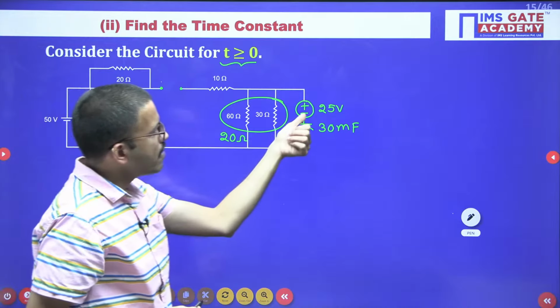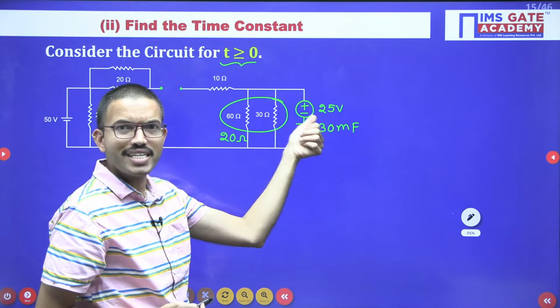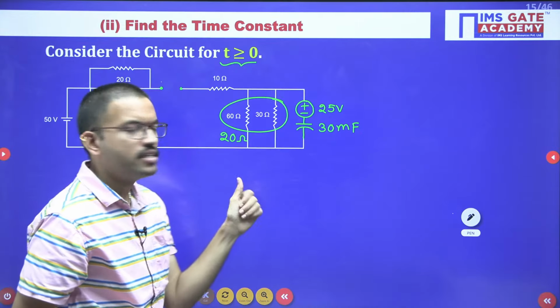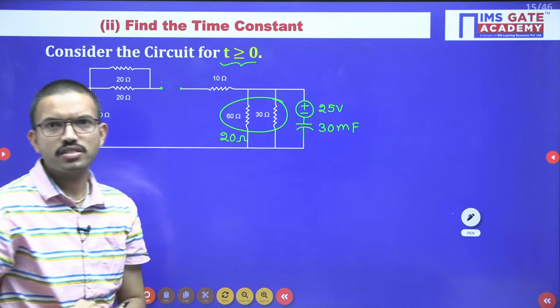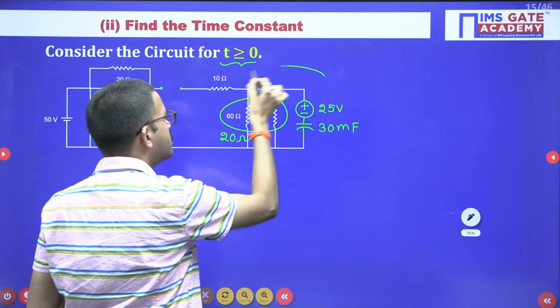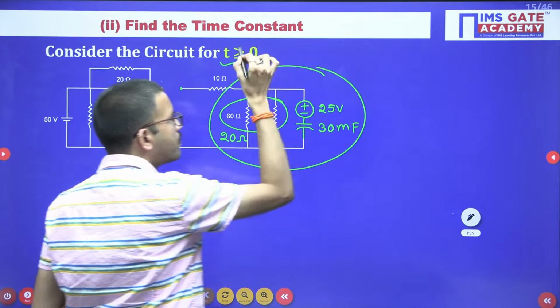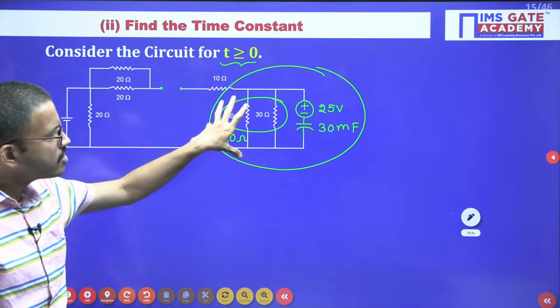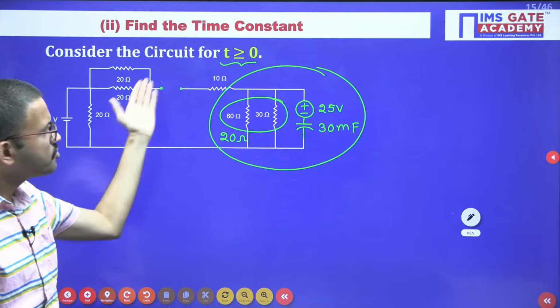Now here you are having the 25 volt source, that is the initial voltage, a capacitor of 30 millifarad, and a 20 ohm resistor. So this part of the circuit belongs to after the switching action.